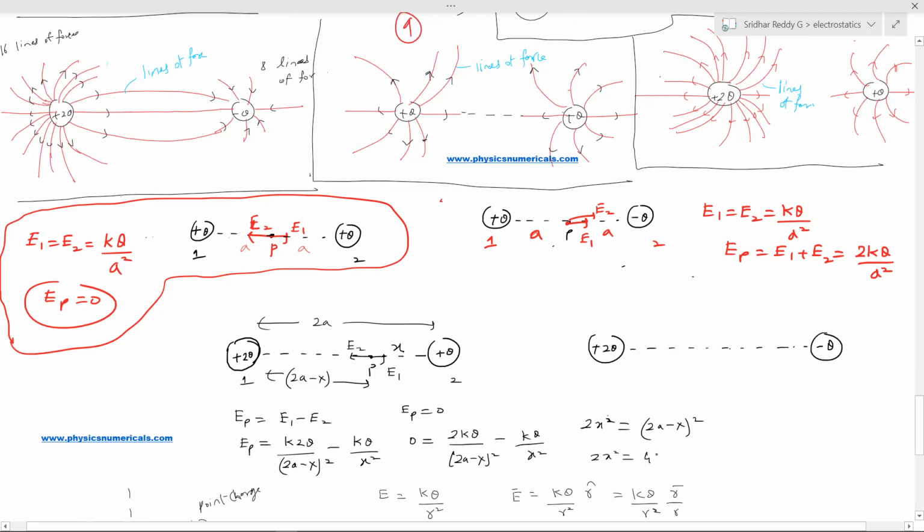Let me solve it. Two x square, 4a square plus 2x square minus 4ax. This 2x square gets cancelled. I'll get an expression for x. So what is x equal to?